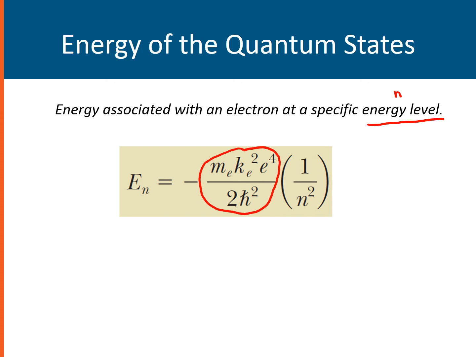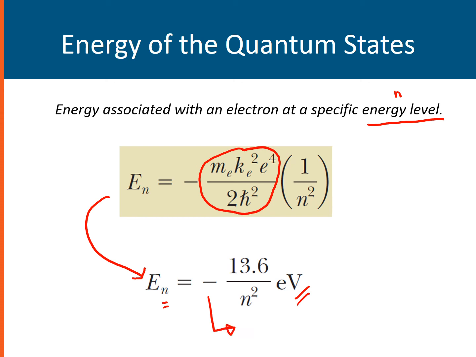After all, these are constants, so we could express this equation as the energy at a certain energy level n is equal to negative 13.6 divided by n squared, expressed in electron volts. The negative sign here tells us that the electron is bound with the nucleus, since the nucleus is positive.